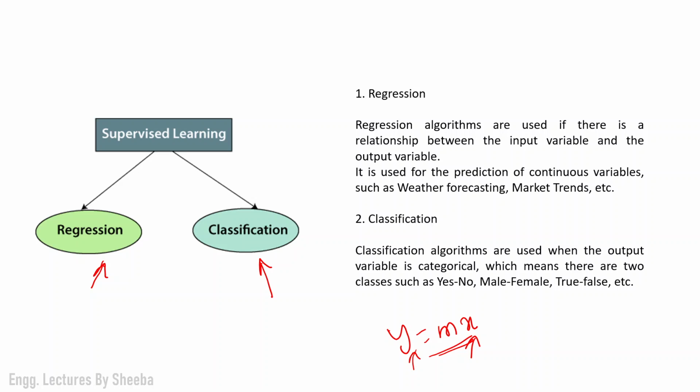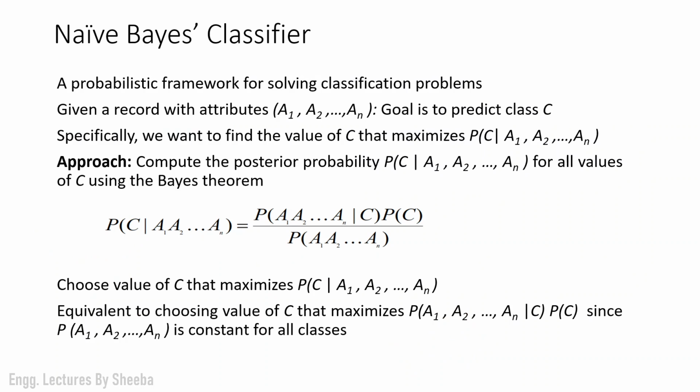If you want the output to be of such categorical nature, then you use a classification algorithm. Naive-Bayes is the most commonly used classification algorithm, so we'll see what it is and how it is done.